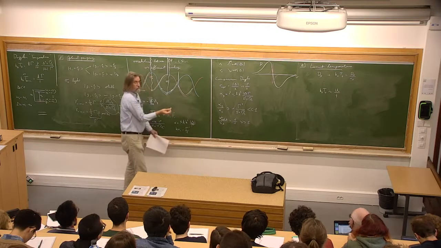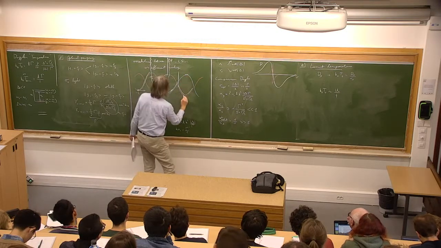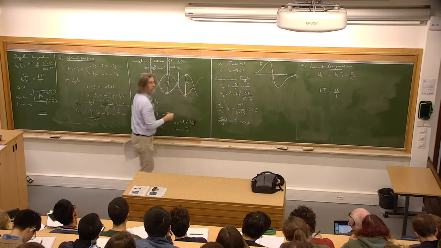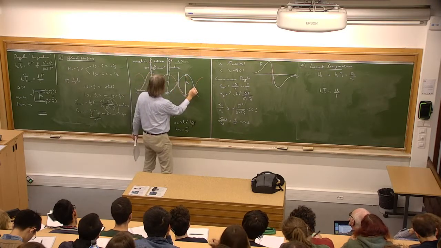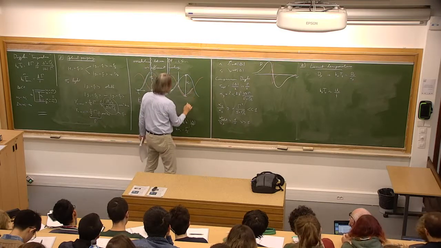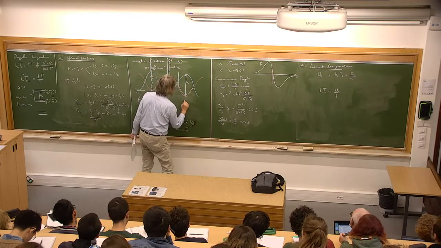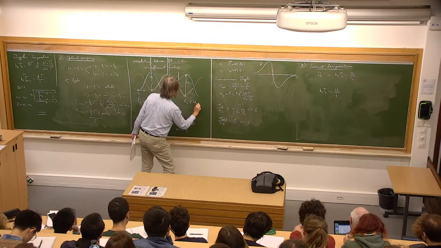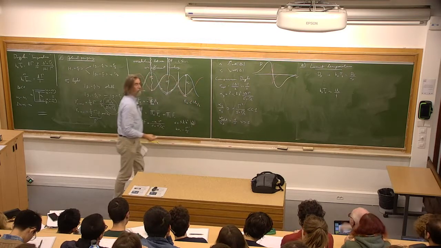So U0 being the total depth of the potential, your kinetic energy has to be lower than U0 divided by 2.